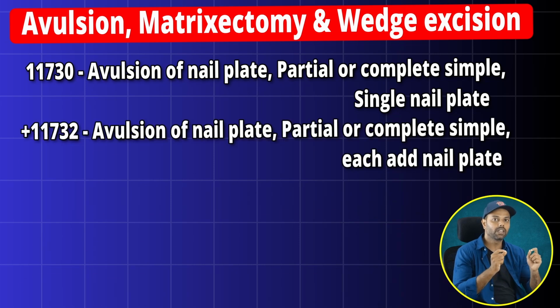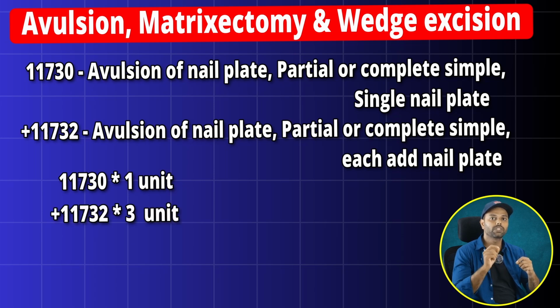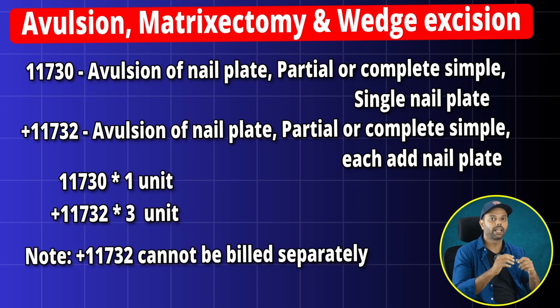For each additional nail plate, you have to use add-on code 11732. For example, when the provider performs avulsion of nail plates in 4 toes, then you code 11730 for the first nail plate. For the remaining 3 nail plates, you code 11732 with 3 units. Always remember, the code 11732 is an add-on code. You cannot bill it separately.